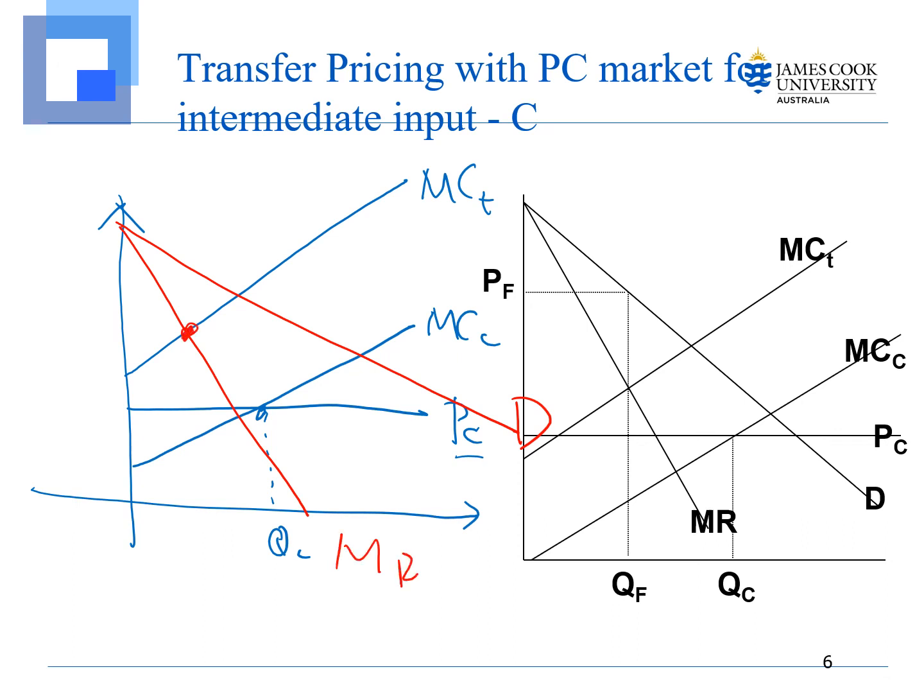MR equal to MC gives this many units of final goods, and going from quantity up to the demand curve we read out the price of final goods. We know there is a difference here, which means this company is producing more component products than it requires, so the company is also selling components into the market. All right, that is transfer pricing.